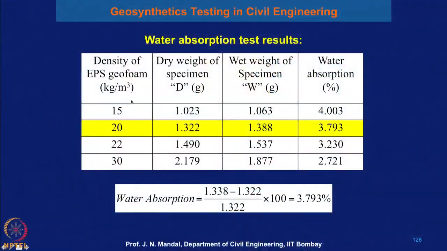Similarly, I have shown in this table for different densities 15, 22 and 30, whose water absorption capacity may be 4, 3, 2.72.